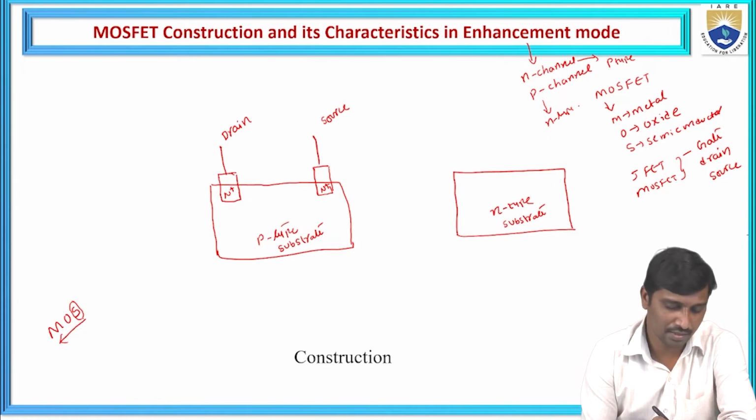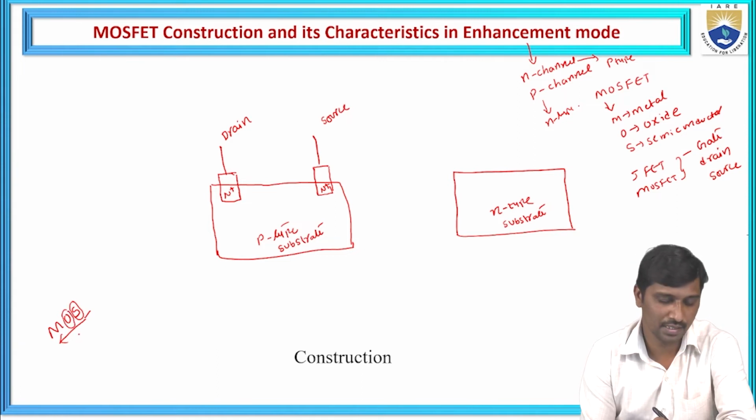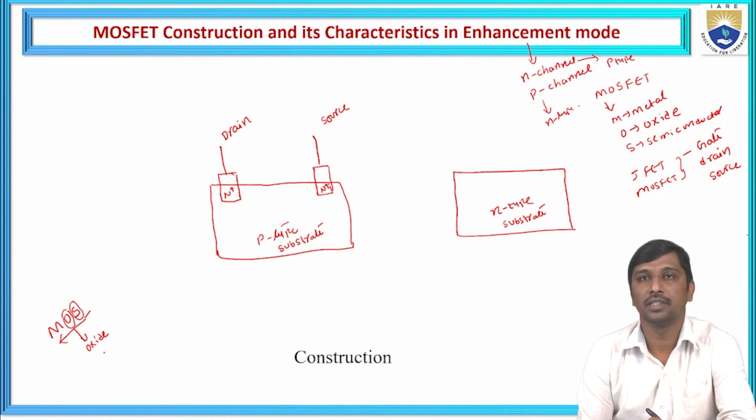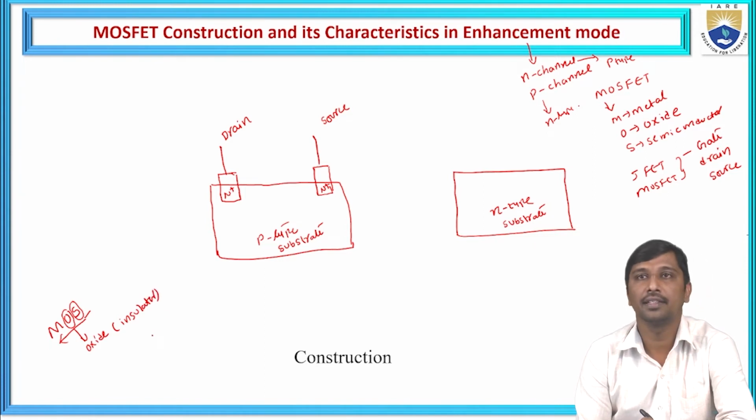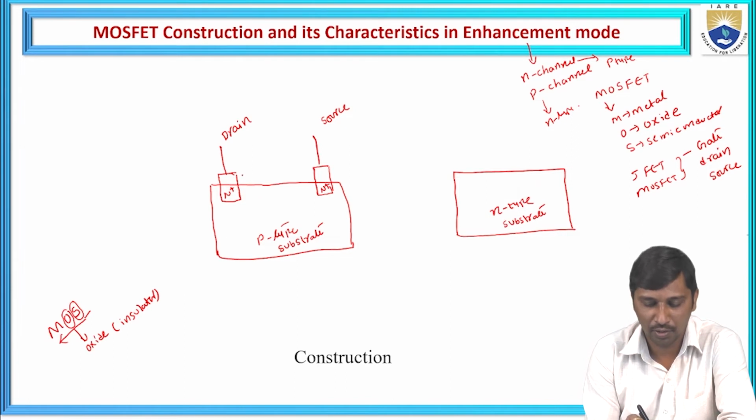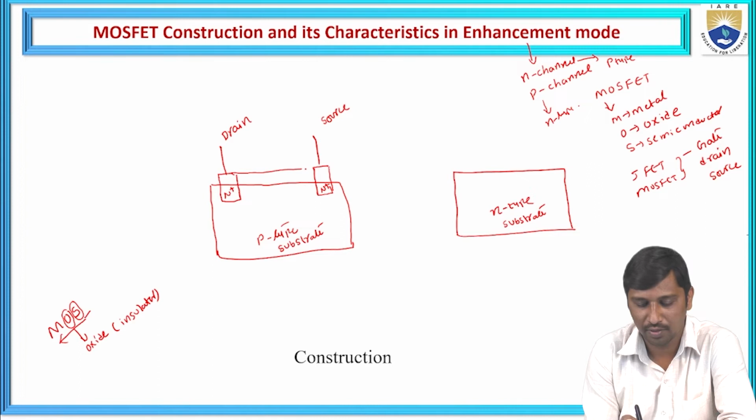Then, this is the O, which indicates oxide. This oxide acts as an insulator. So hence we are going to place silicon dioxide, SiO2.